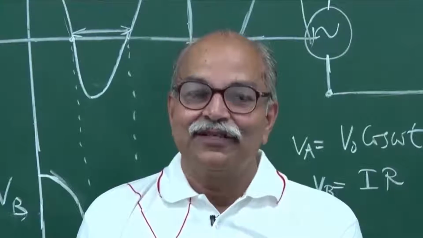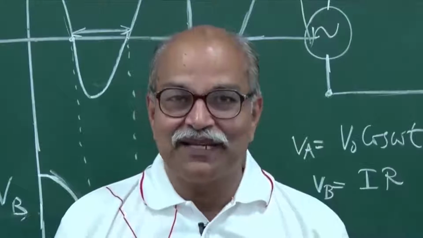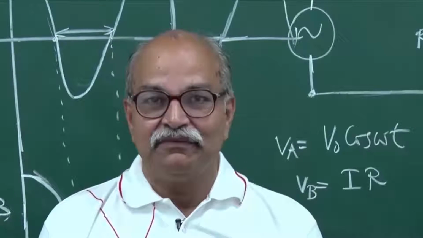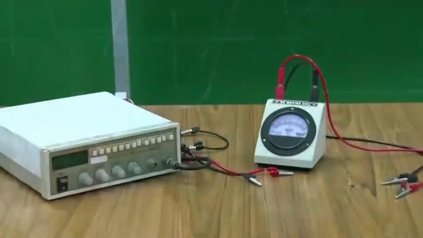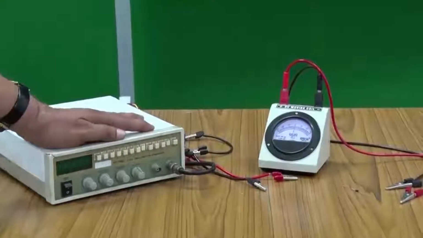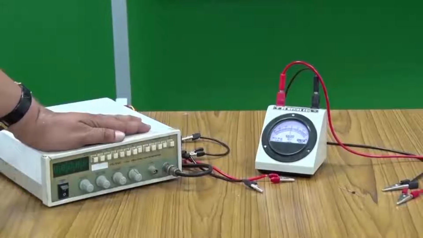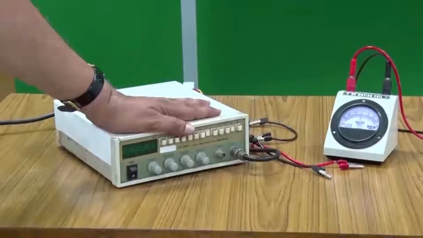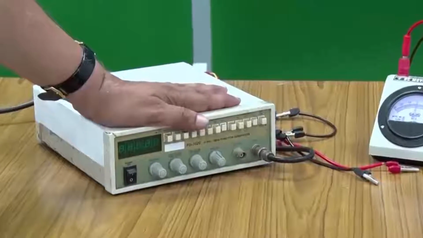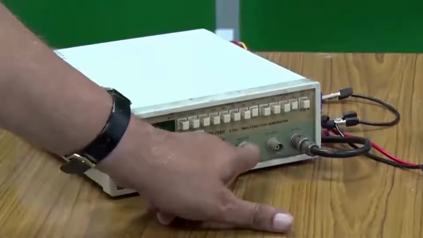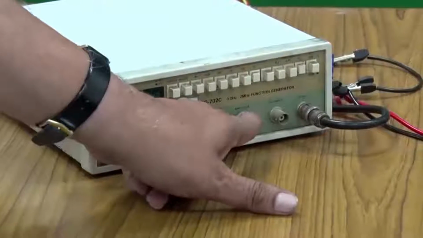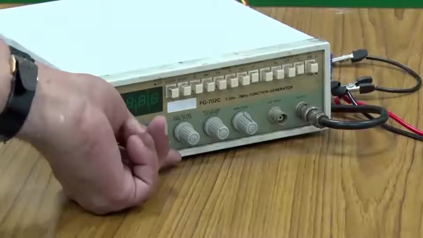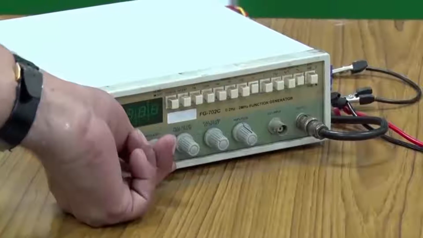the circuit. So let me do some experiment here to give you some kind of a feel of this phenomenon, and then we'll proceed further. So now I have a unit here which is giving me AC voltage, of which I can control the peak voltage by rotating this knob, and from here I can also control the frequency of that AC voltage.